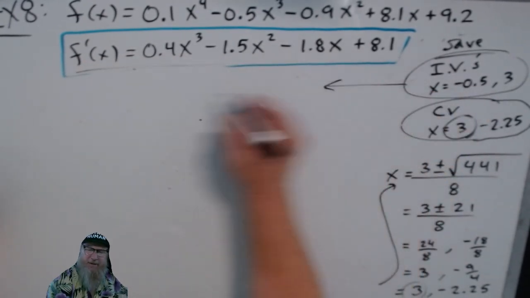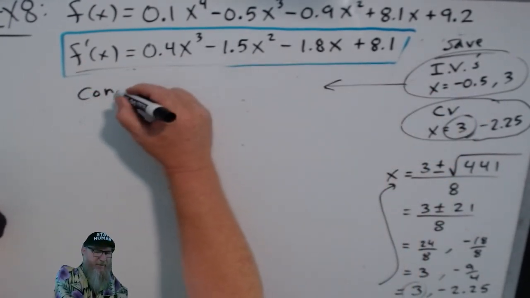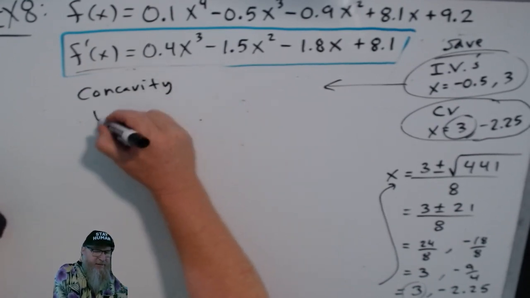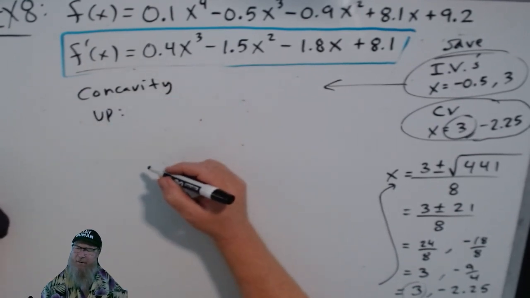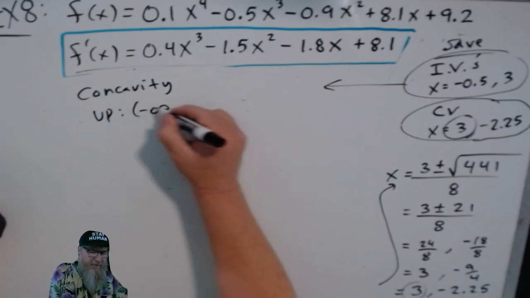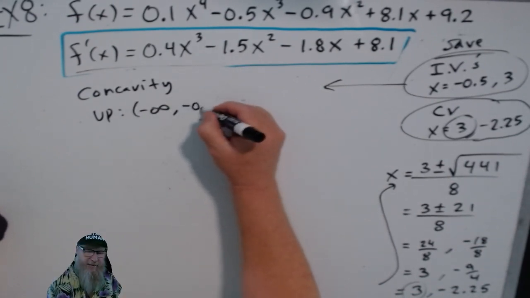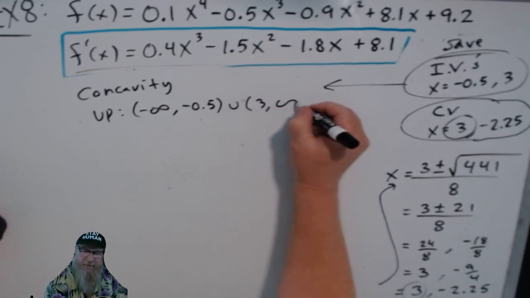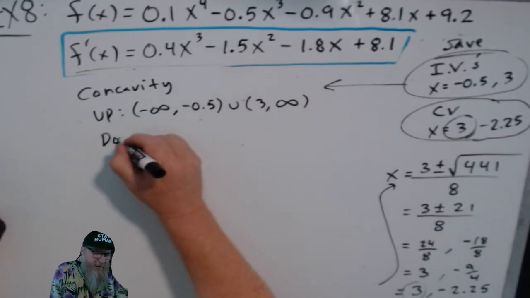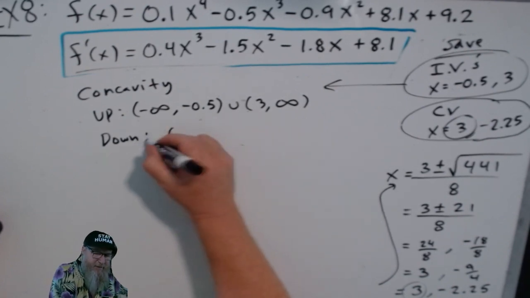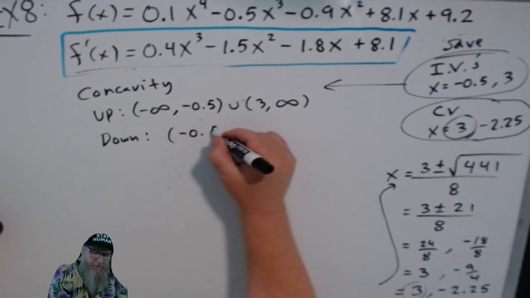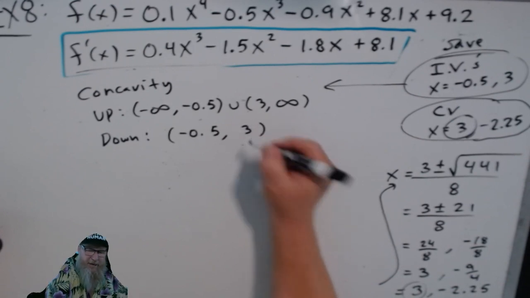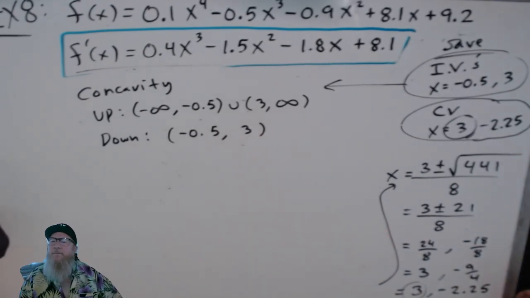So it's concave up from negative infinity to negative 0.5, union 3 to infinity, and it was concave down in the middle from negative 0.5 to 3.